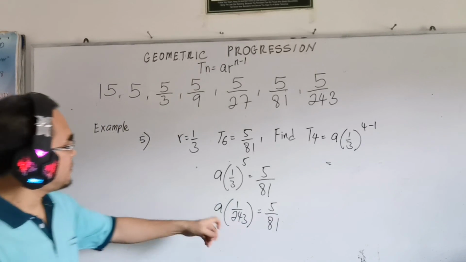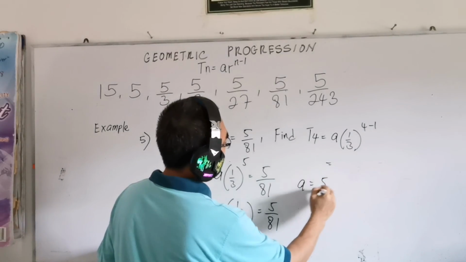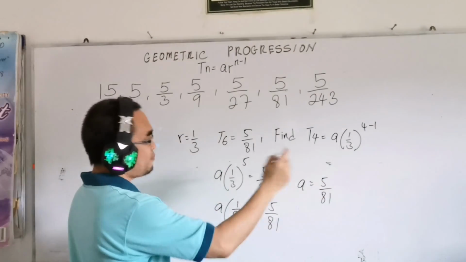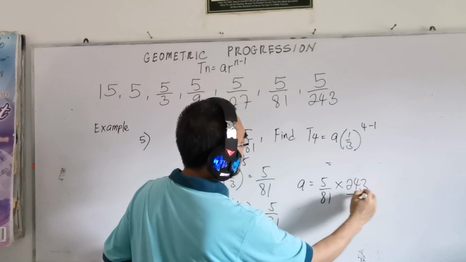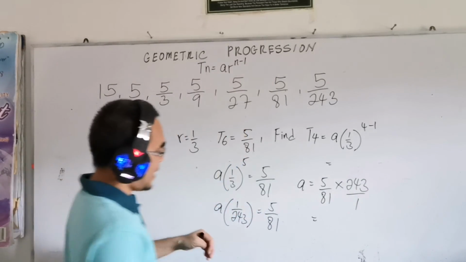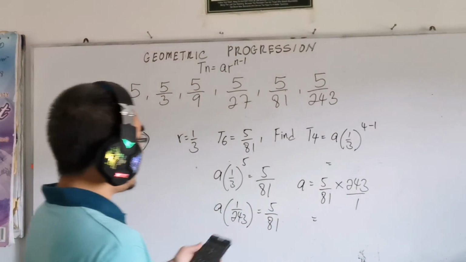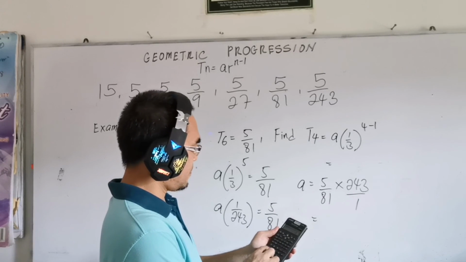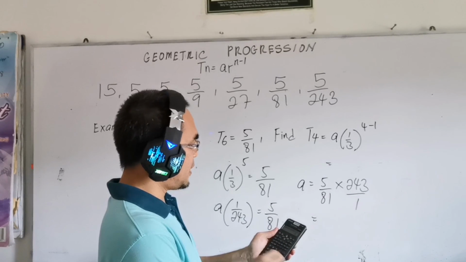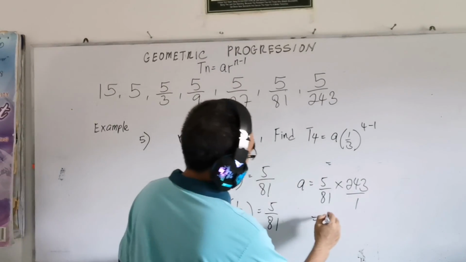Then you move this, so what you have is A. A is 5 over 81. Move to the other side, it becomes times 243 over 1. And then A, you calculate 5 over 81 times 243, you get A as 15.